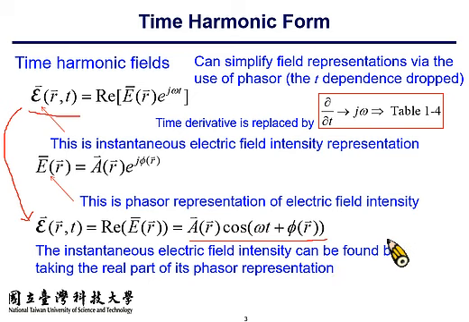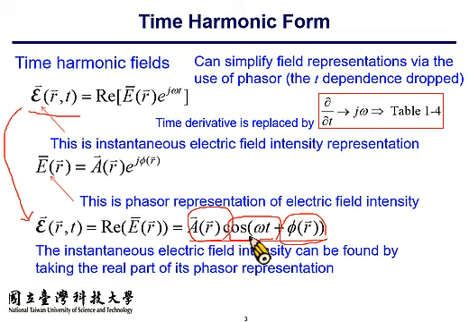You can see that it can be separated into magnitude, which is dependent on position, and phase, phi, which is also a function of position, and the dependence of time.